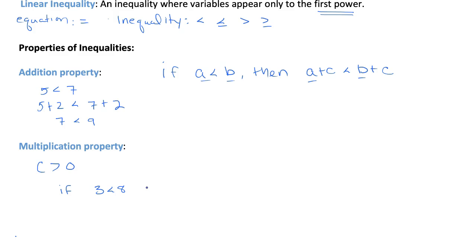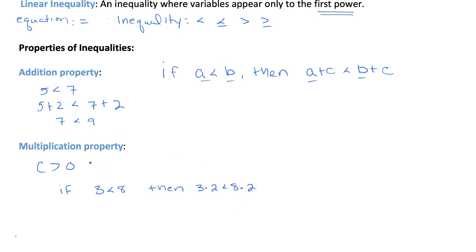So 3 times 2 is less than 8 times 2. Is that true? Is 6 less than 8 times 2, which is 16? Yes, it is. So that's just an example.